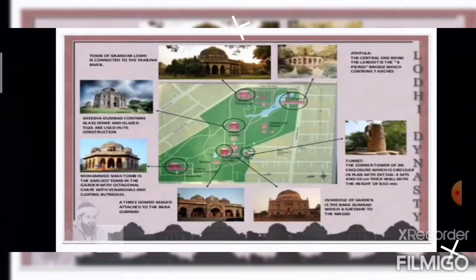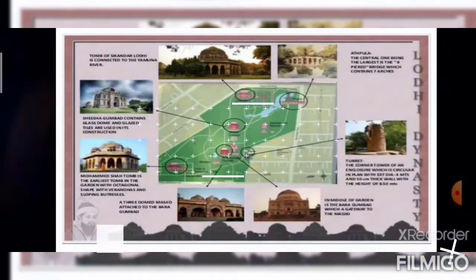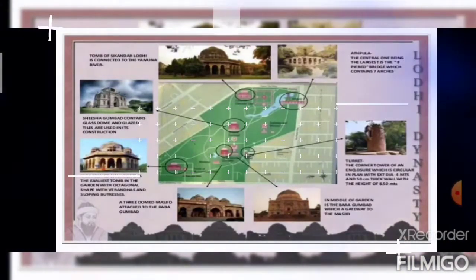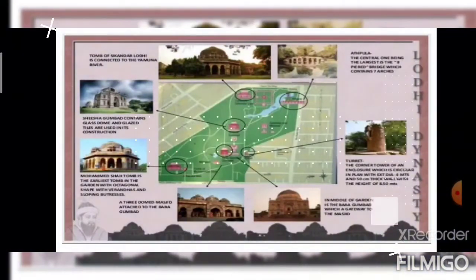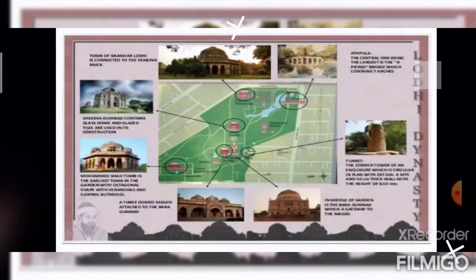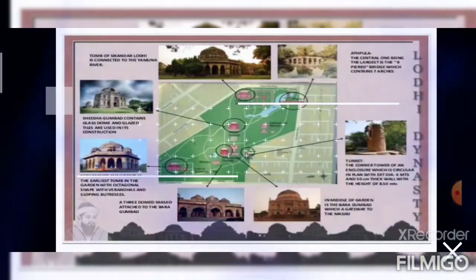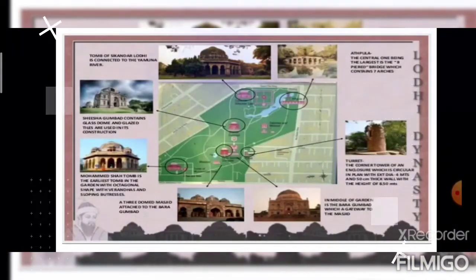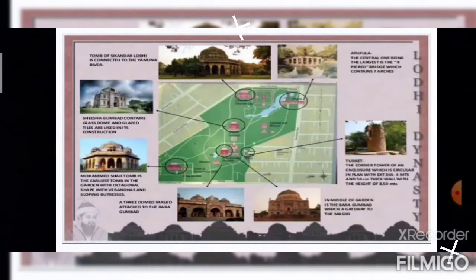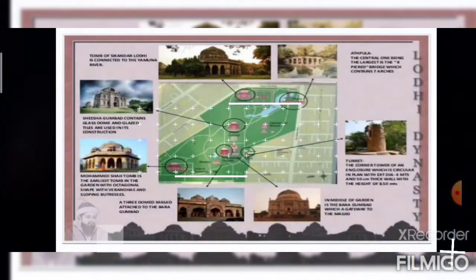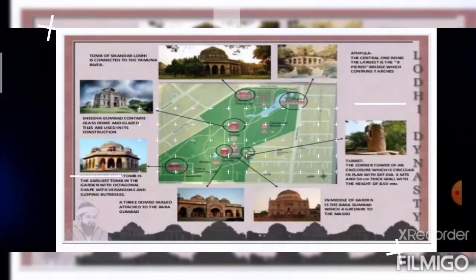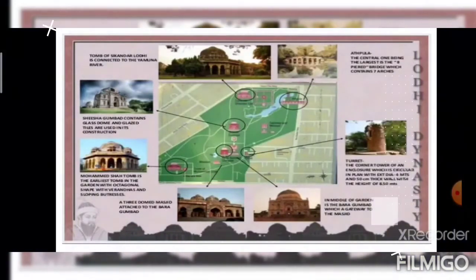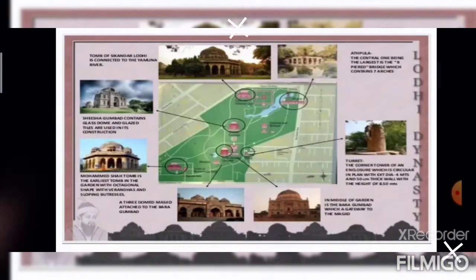That is the tomb of Sikandar Lodhi, which is connected to the Yamuna river, then the Shisha Gumbad, then the Muhammad Shah tomb, a 3-dome masjid. In the middle of the garden is the Bada Gumbad, and we have the turret and also the Atpula. So these all were the major architecture of the Lodhi dynasty.